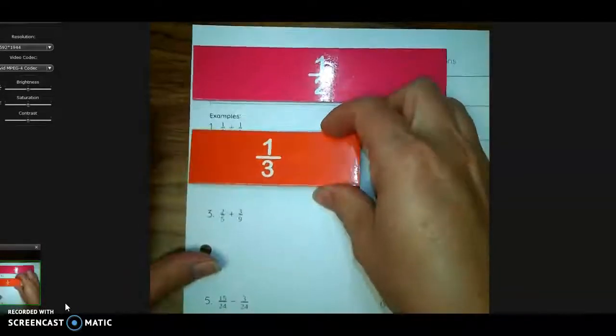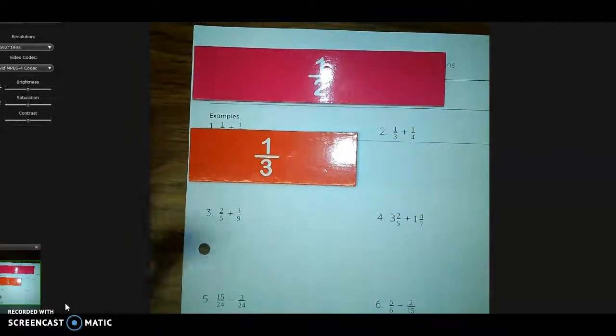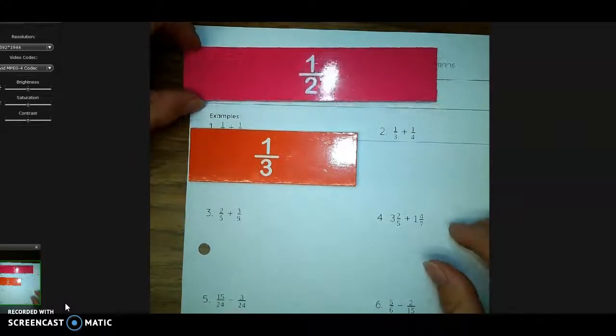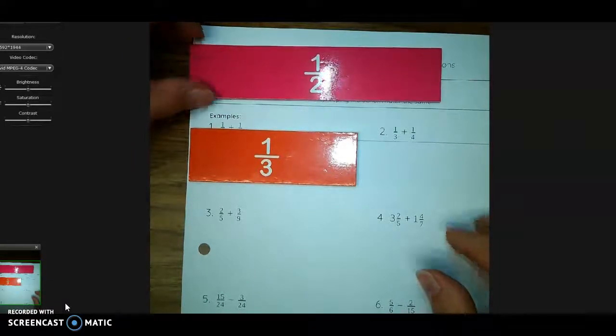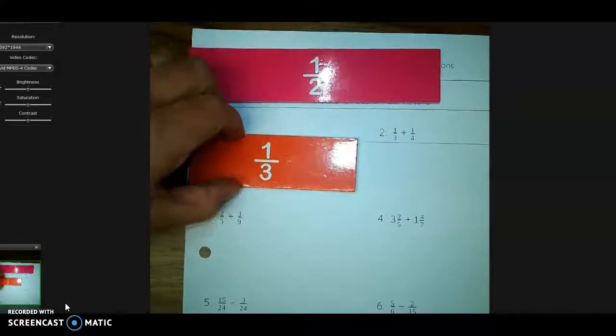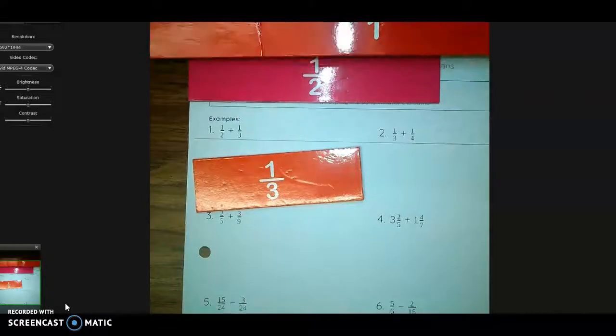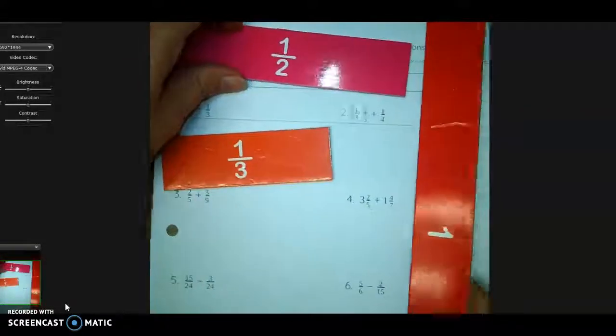If I have 1/2 and I have 1/3, they are not the same size, so it is really difficult to say how much that is as a total. And we're comparing that, of course, back to 1 whole.